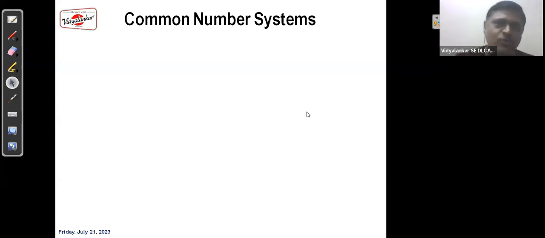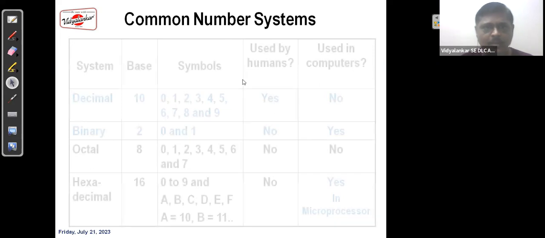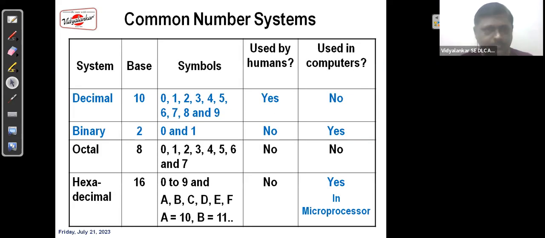Yes, that is right. So the remaining 2 are called octal number system and hexadecimal number system. That's correct. All the answers I can see are perfect. So let's summarize. Here is a table where you see those 4 number systems.